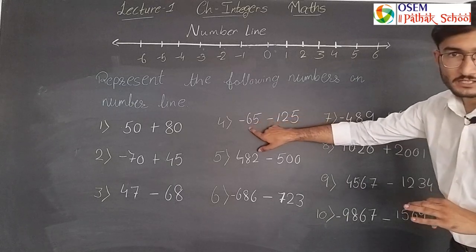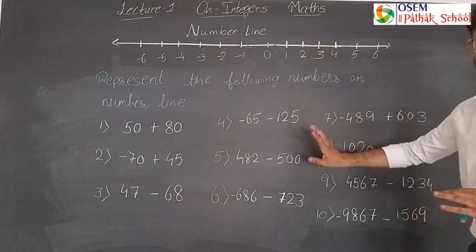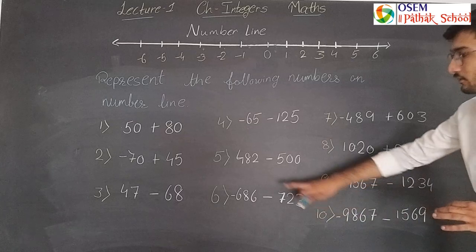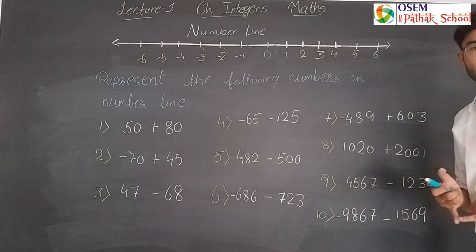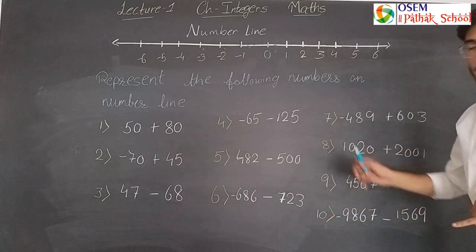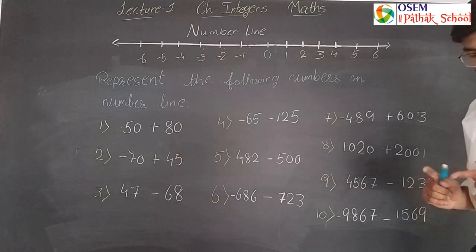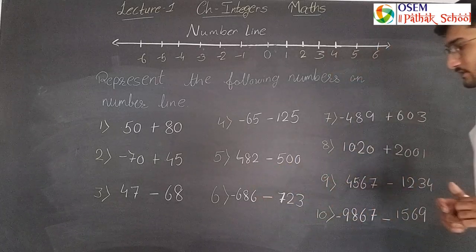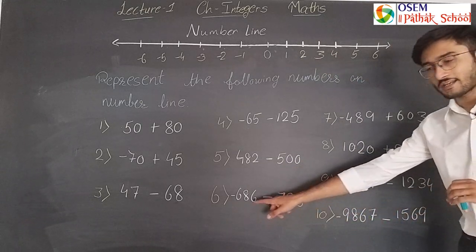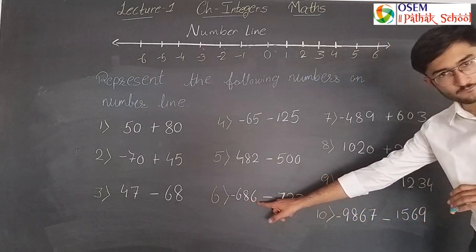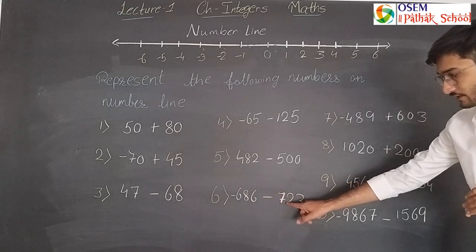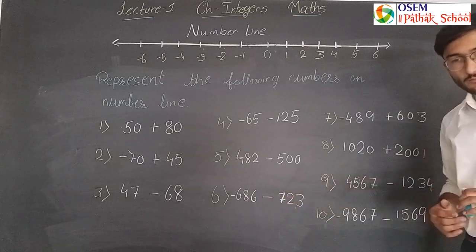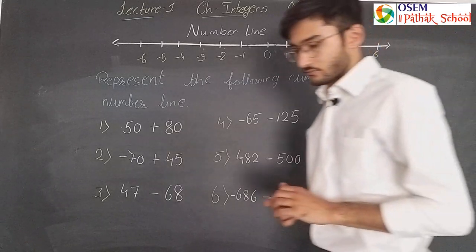Here both are negative integers. Fifth one, 482 minus 500. Here one is a positive integer and the second one is a negative integer. Sixth, minus 686 minus 723. Here both the integers are negative.